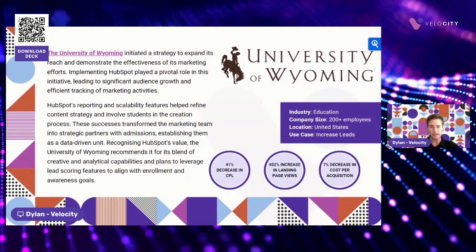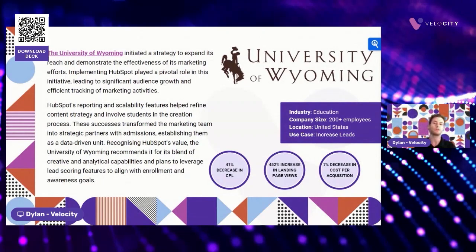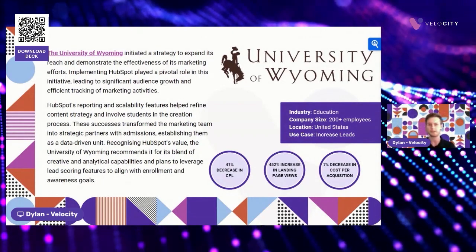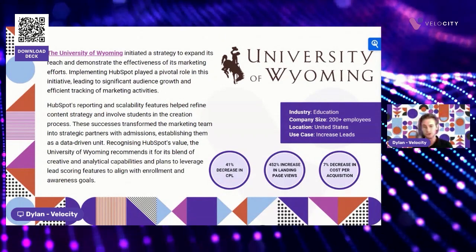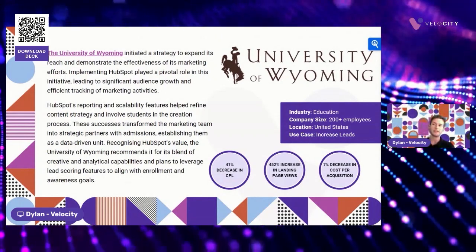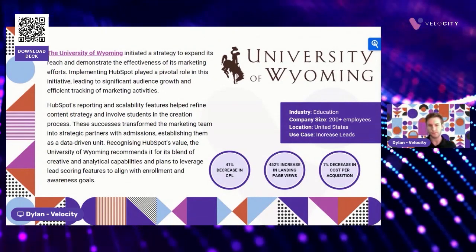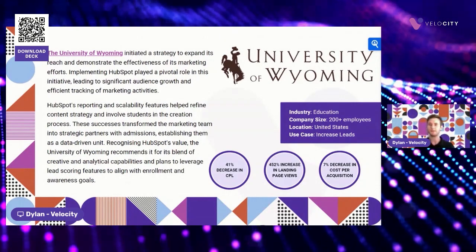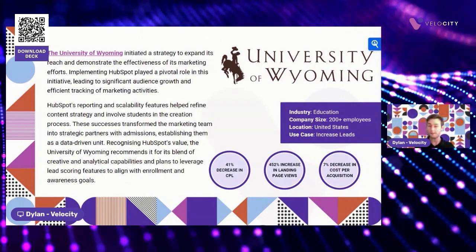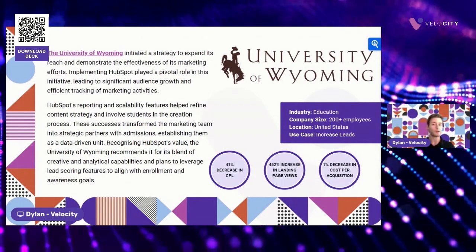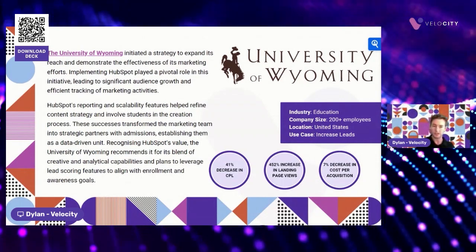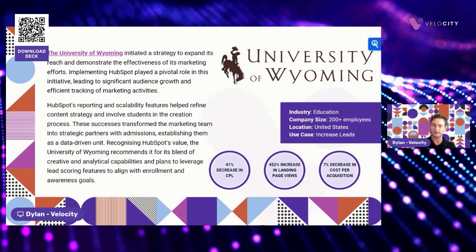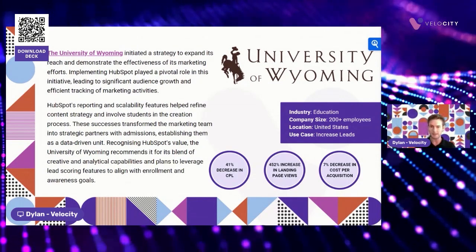These results are supported by HubSpot's ability to link advertising spend directly to student enrollments, providing tangible evidence of marketing impact. The platform's reporting and scalability features enable the marketing team to refine their content strategy, involving students in the creation process and effectively engaging the incoming class of students.